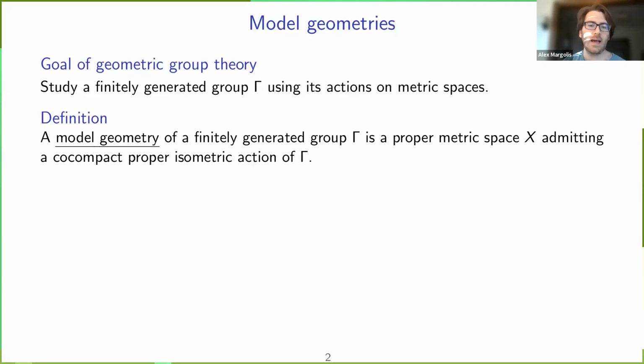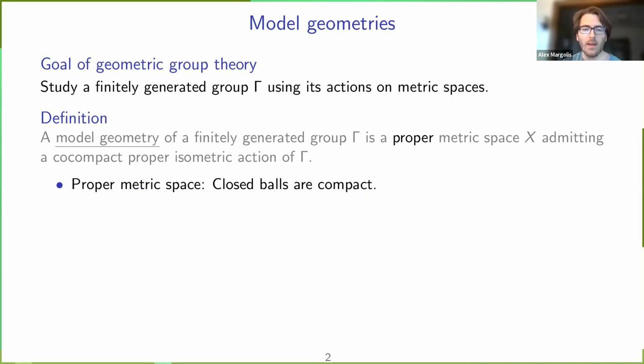And the nicest sorts of spaces on which a group can act are what are called model geometries. So I want to make sure everyone understands exactly what I mean by this. A model geometry of a finitely generated group Gamma is a proper metric space X admitting a co-compact proper isometric action of that group Gamma. Proper, again, means closed balls are compact.